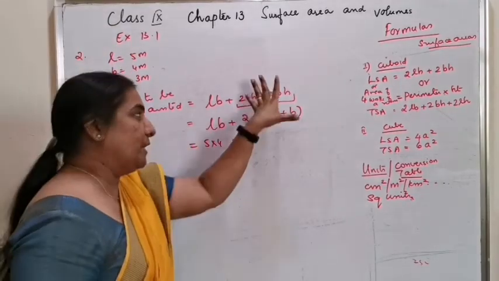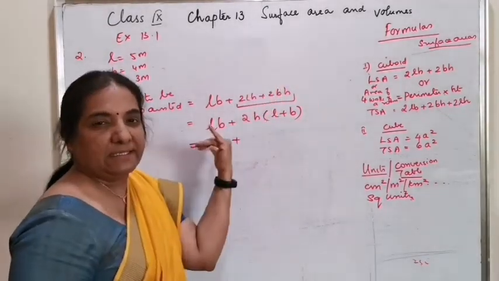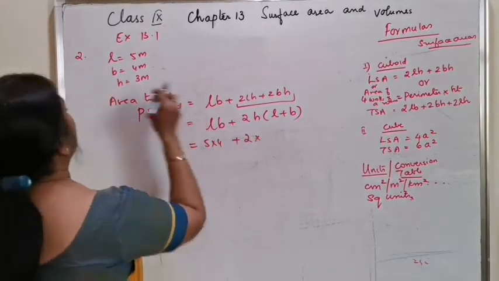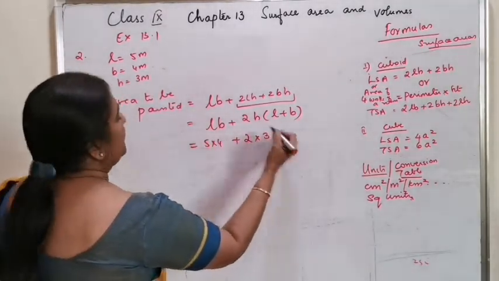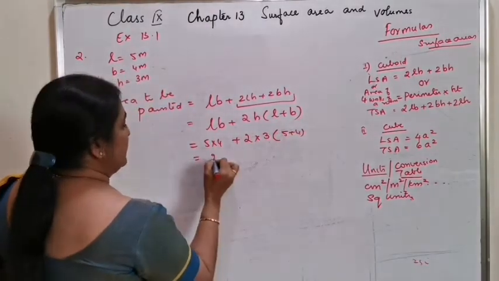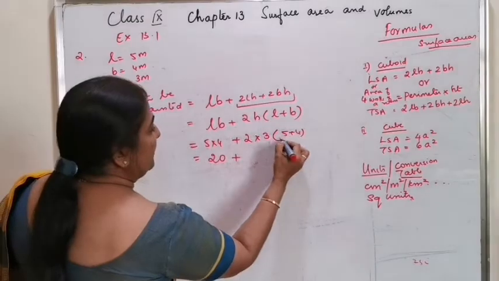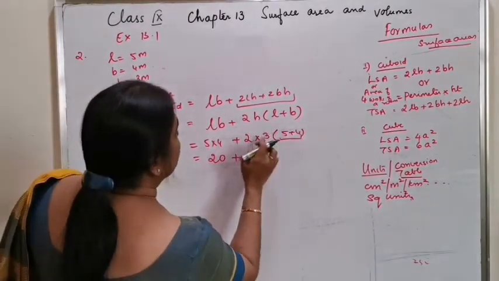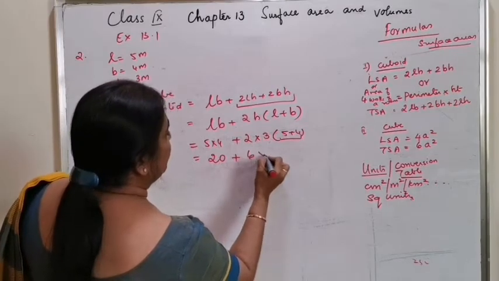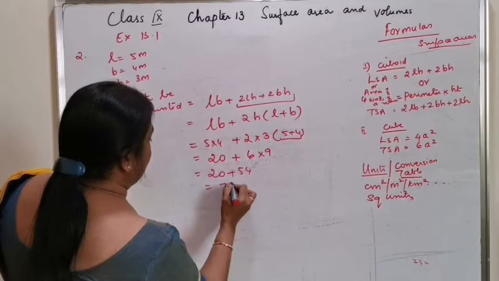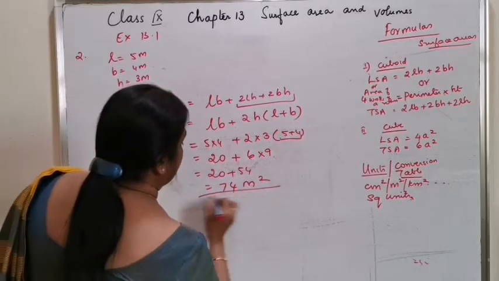Once you are thorough, you can do all these calculations by taking the common factor outside. That is 20 plus 5 plus 4 is 9. 2 into 3, that means 6 into 9, or 20 plus 54 is equal to 74 meter square is the area to be painted.